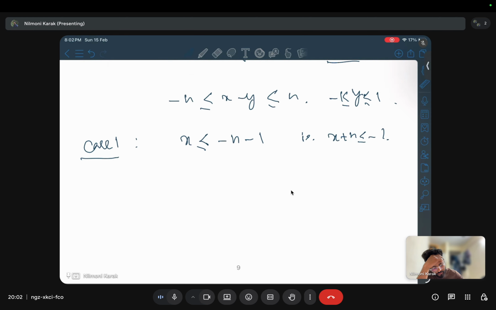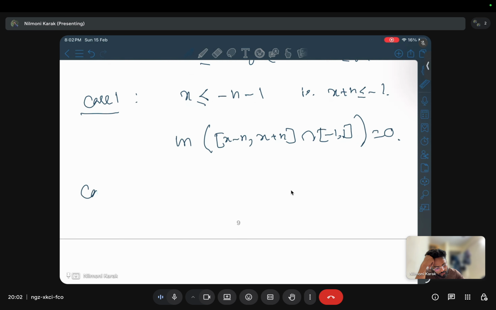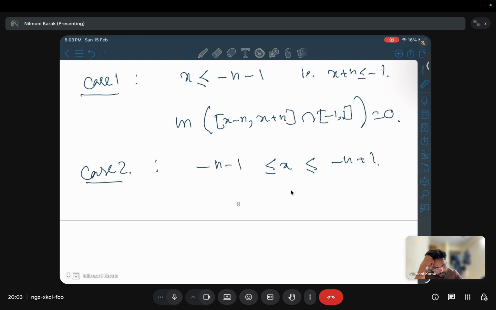So the measure should be 0. Case 2: minus n minus 1 less than or equal to x less than or equal to minus n plus 1.